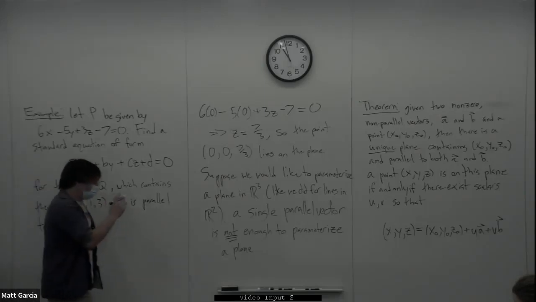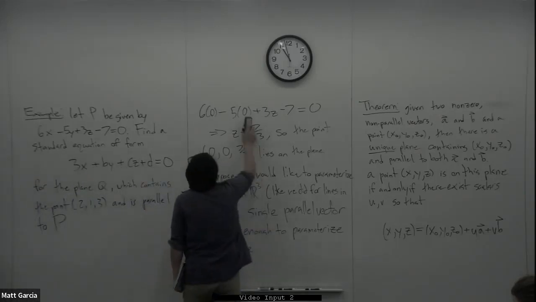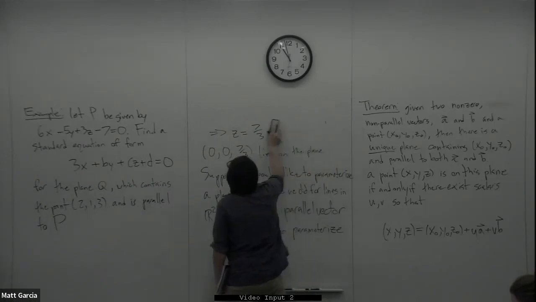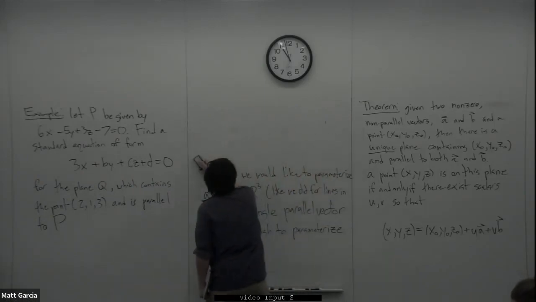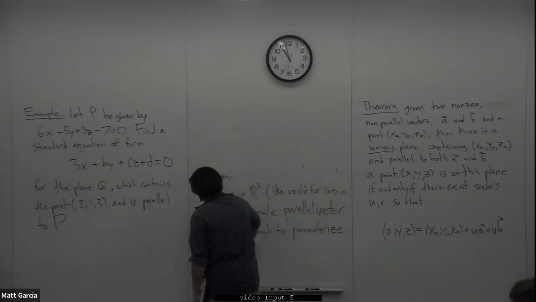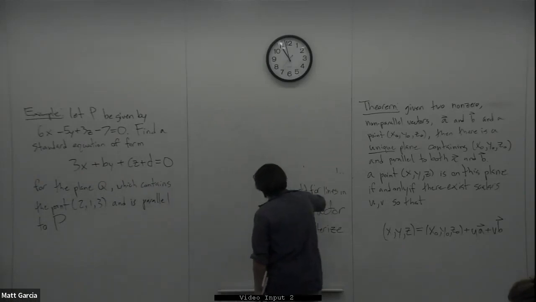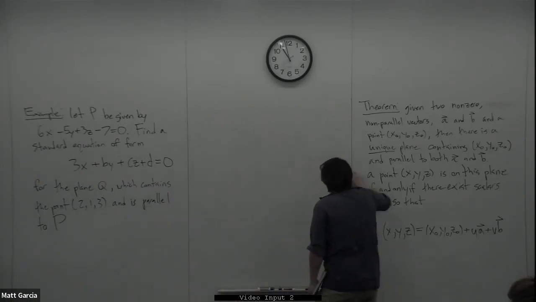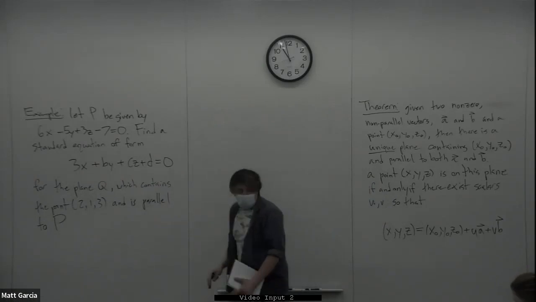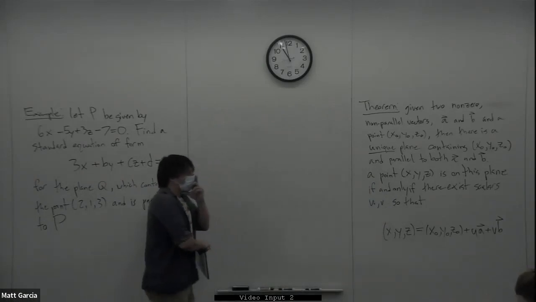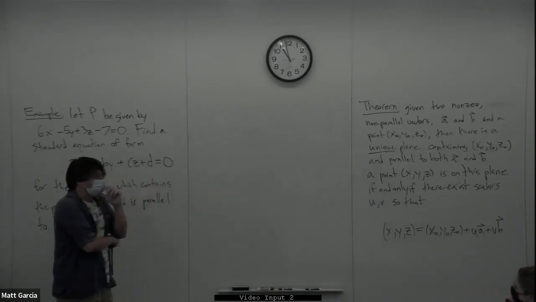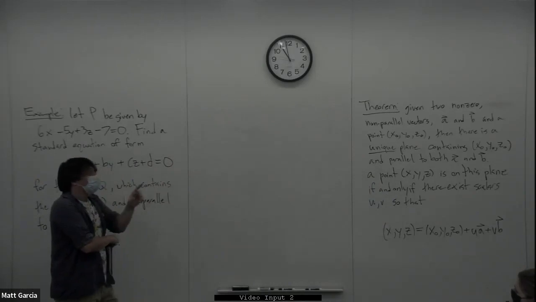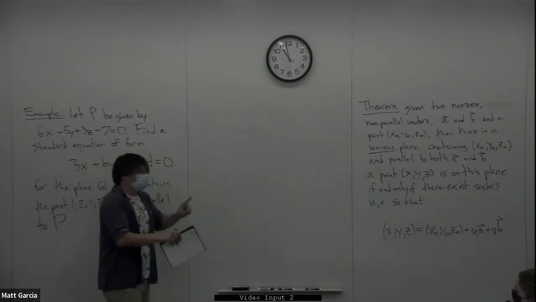Okay, good. So how can we ensure that the normal vectors for P and Q are parallel? What do you mean by same? Yeah, exactly. One's a scalar multiple of the other.